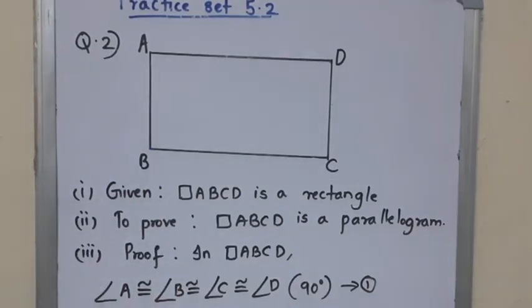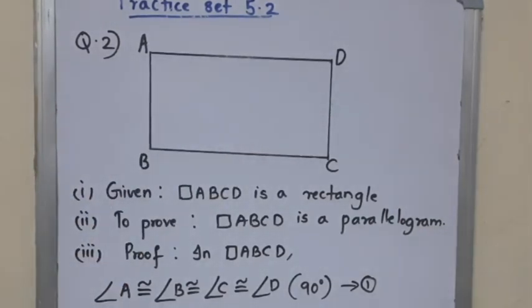Coming to proof. Now they have said to prove by using opposite angles test. Opposite angles test means if the opposite angles of a quadrilateral are congruent to each other, then that quadrilateral is a parallelogram. Here also we have to prove that opposite angles of this quadrilateral ABCD are congruent.